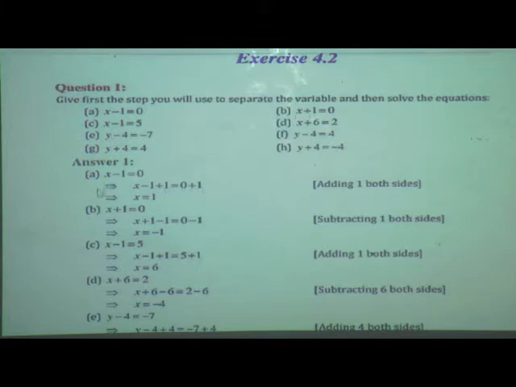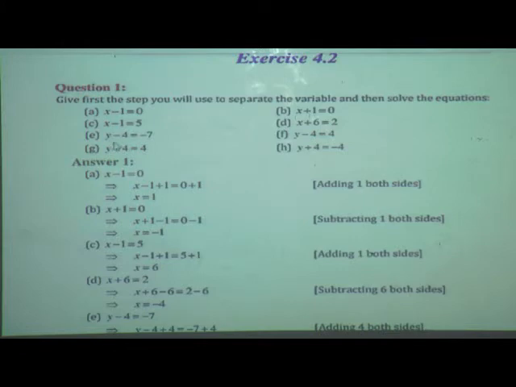This sign is implies. Why are we writing this sign? Because we can't write is equal to, since LHS and RHS are equal to each other, so we write the sign implies. Here plus 1 and minus 1 get cancelled, so x is equal to 1. In this way we have to find the answers.